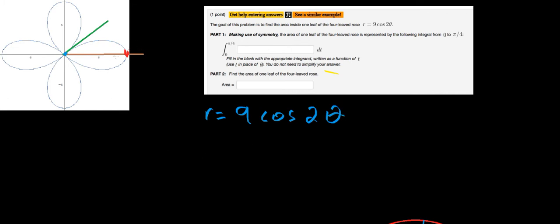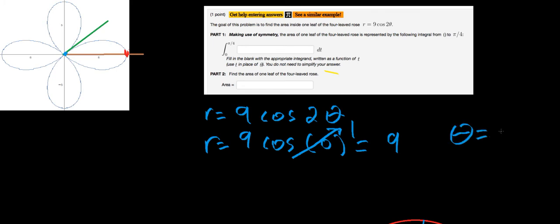And looking at this in the first quadrant, we see that when theta equals 0, r equals 9 cosine 0 times 2 is 0, and cosine of 0 is 1, we get 9. Alright, so we see that our r max is at theta equals 0, but when's our r min? When does it come back to r equals 0?